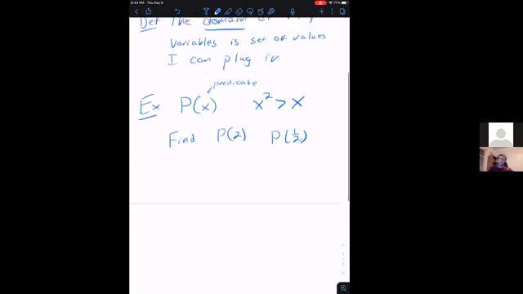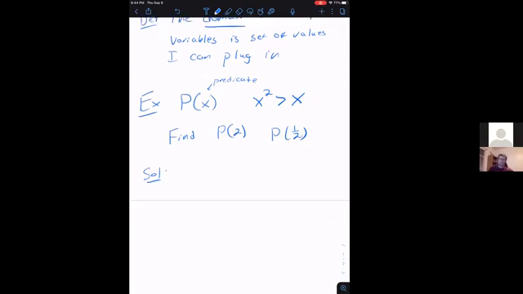So P of 2 is just like function notation, where we replace X with 2. This says that 2 squared is greater than 2. And P of 1/2 says that 1/2 squared is greater than a half.